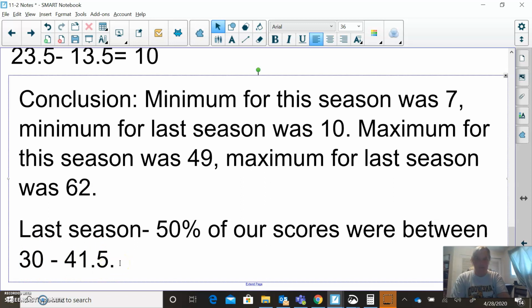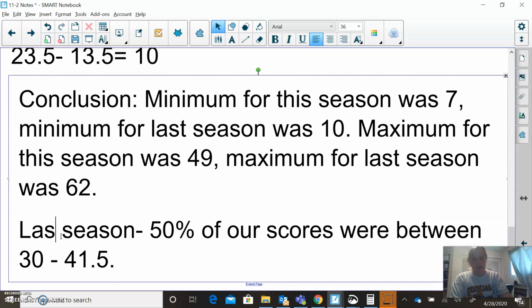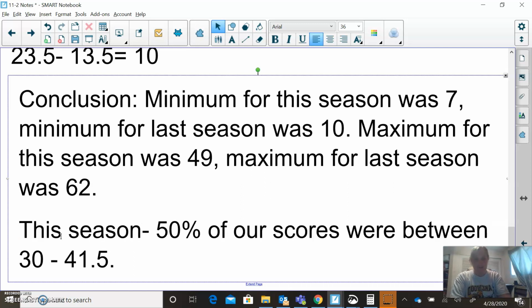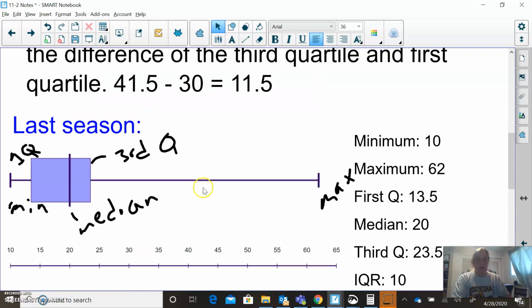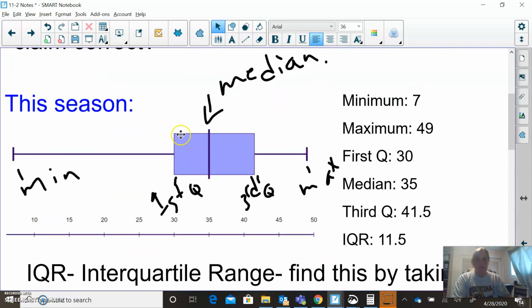Okay. You can look up here at our box. First quartile was at 30, and the third quartile was at 41.5.